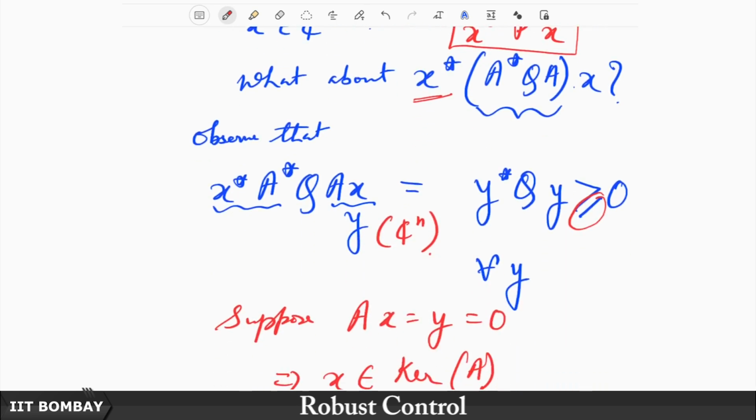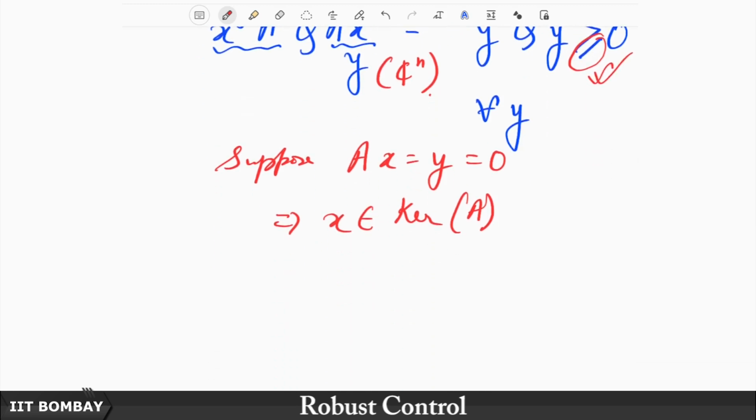So I cannot guarantee that the moment you choose some non-trivial vector x, you will always get x Hermitian P x to be strictly positive. It can also result in 0. Therefore, you can only go as far as the claim of semi-definiteness.